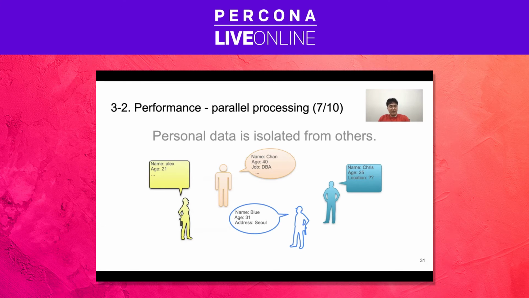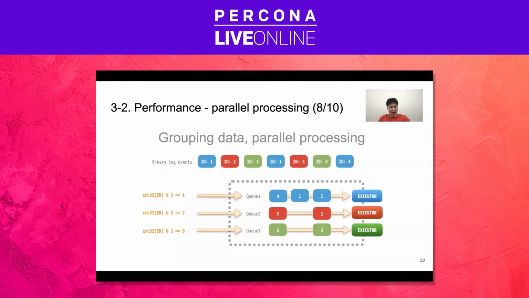That is, let's define a group key ID in this figure, then perform parallel processing for each group. In this figure, data is processed by 3 threads and categorized by color respectively.